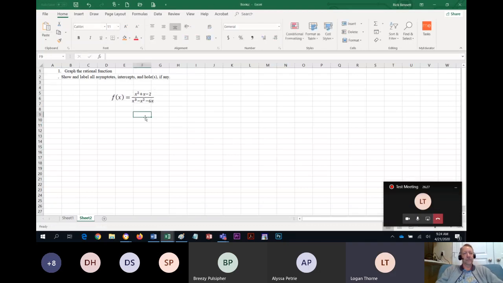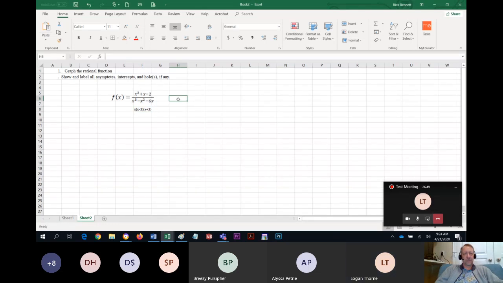I would factor them. Okay, let's factor the denominator first. The denominator factors into X times X minus 3 times X plus 2. Okay. And then what?